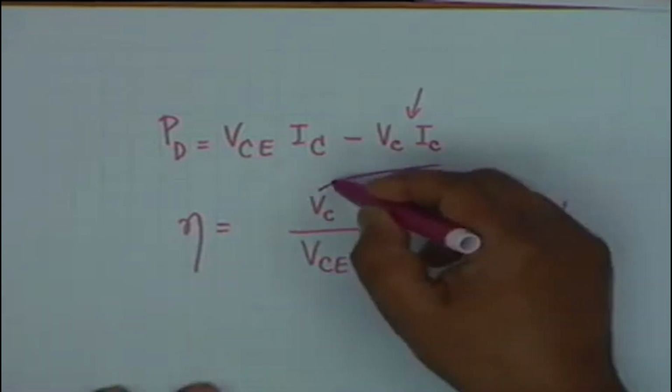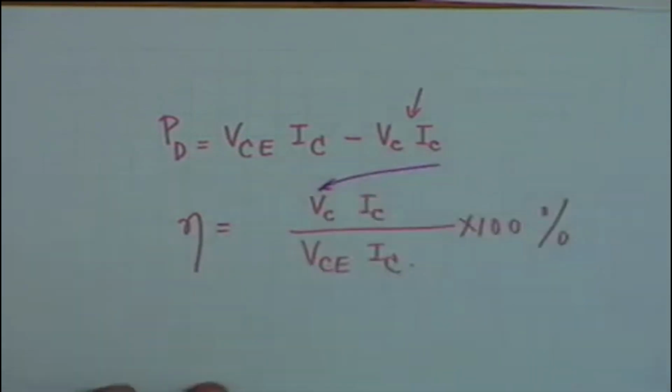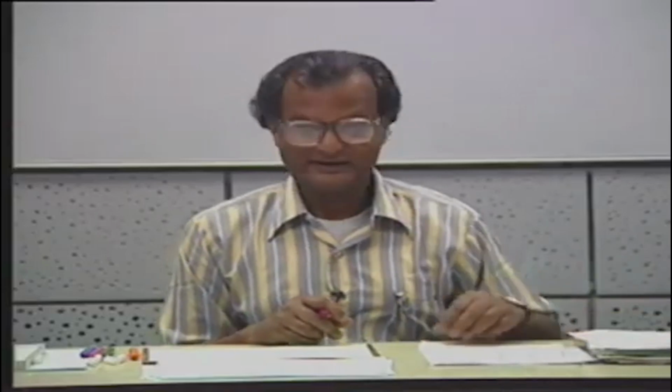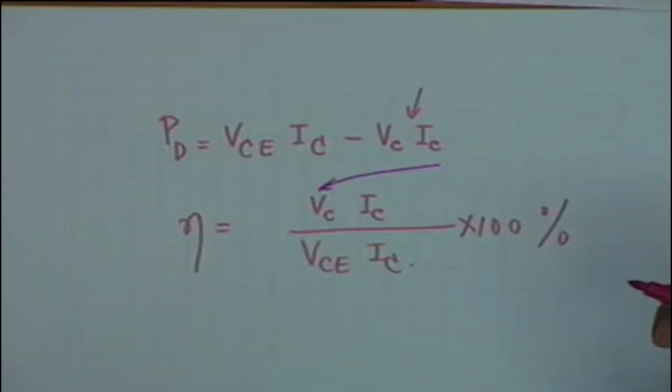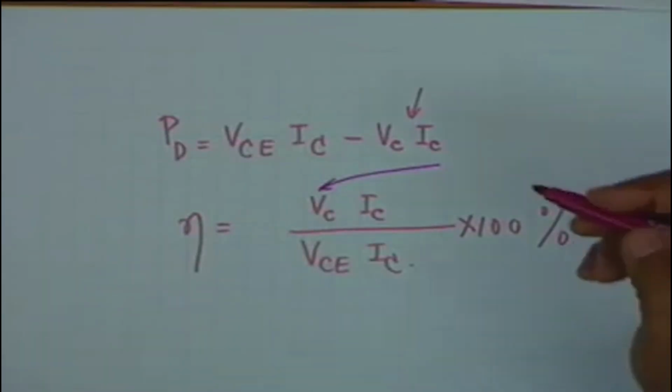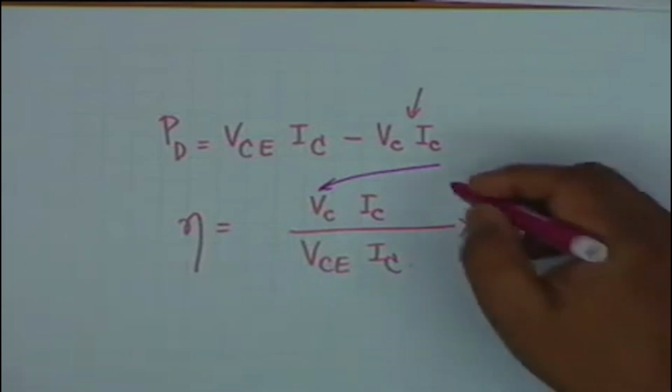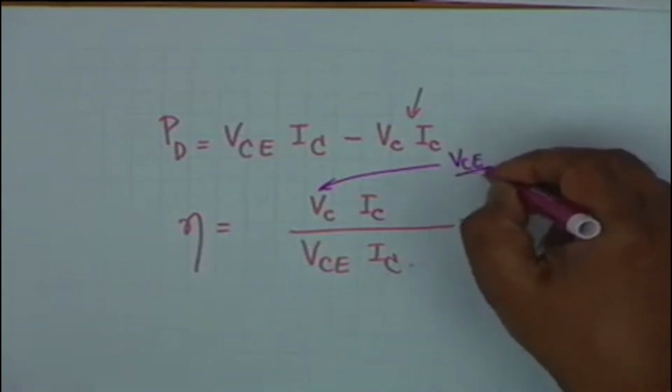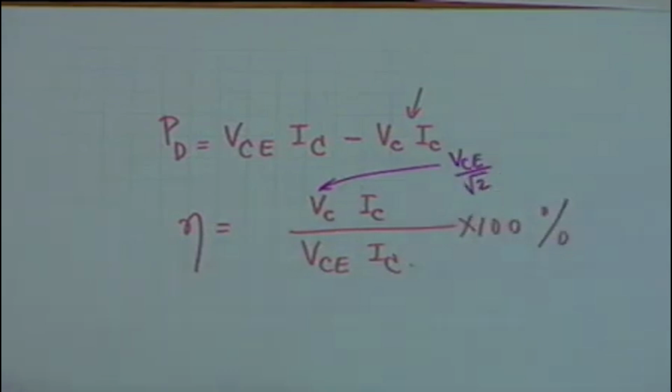What is the maximum possible VC, the root mean squared value? Root 2 times, how is it related to VCE? That is correct. The peak value is VCE, so it is VCE by root 2.